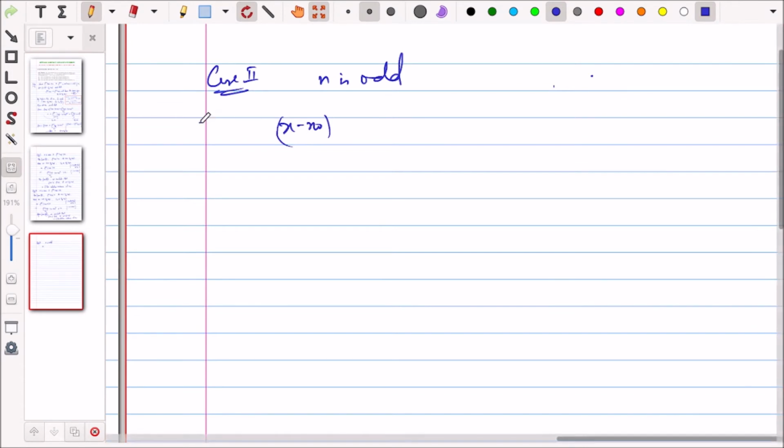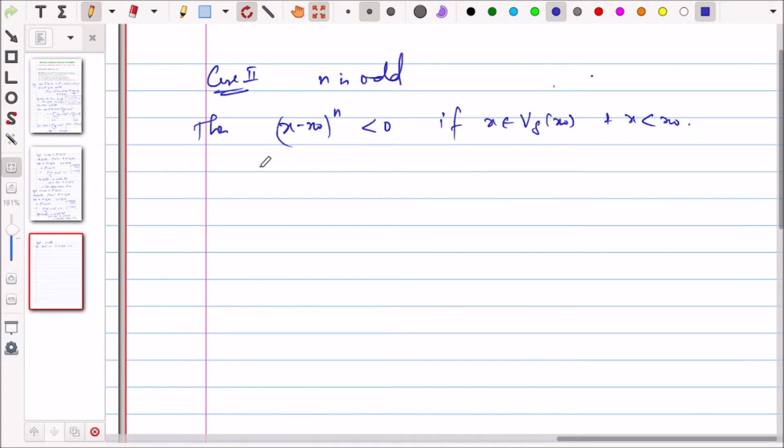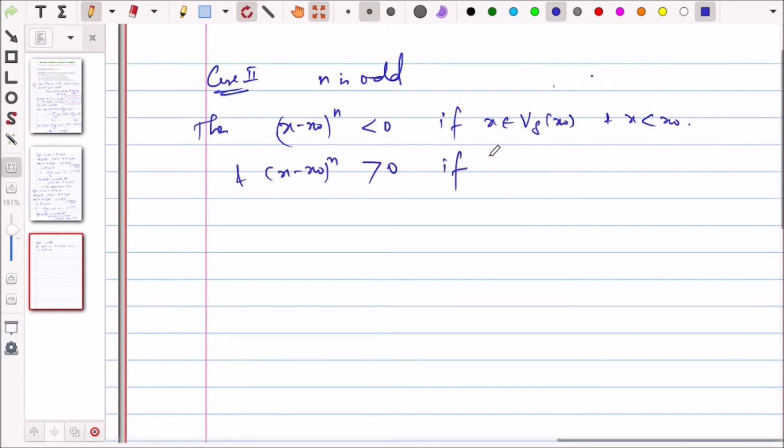So (x minus x naught)^n is negative if x belongs to V delta of x naught and x is less than x naught, and (x minus x naught)^n is positive if x belongs to V delta of x naught and x is greater than x naught.